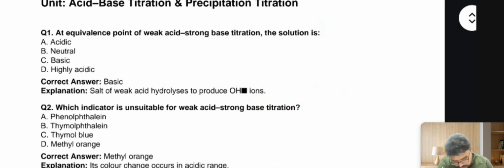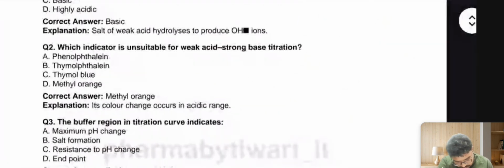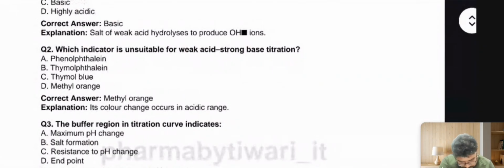See the third question. The buffer region in a titration curve indicates what? Option A maximum pH change, salt formation, resistance to pH change, end point.